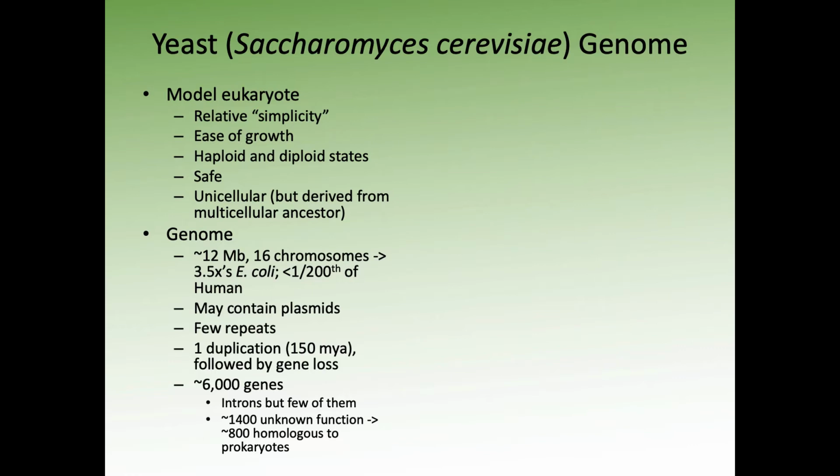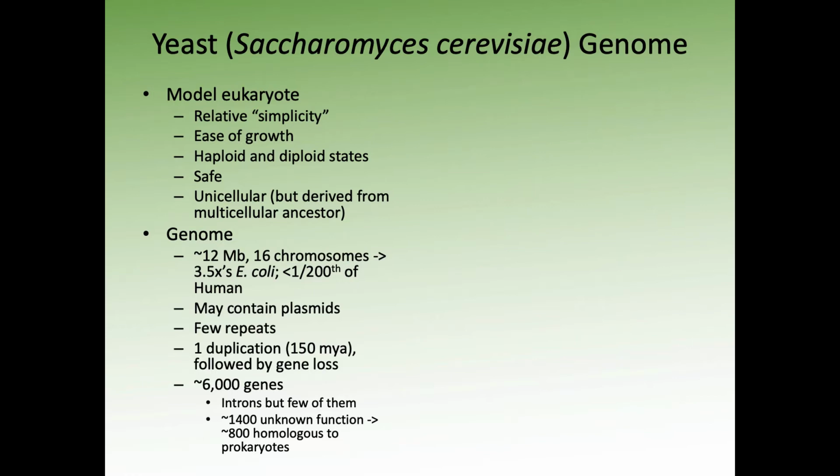It might have a lot of similarities, being this small organism, to bacteria. It actually can contain plasmids, which is interesting, but because it's got such a compact genome, there are actually very few repeats in their genome.